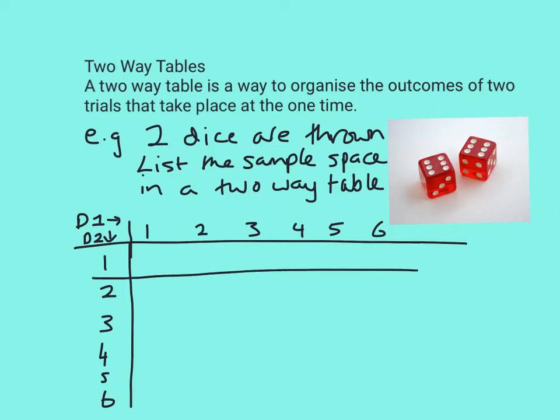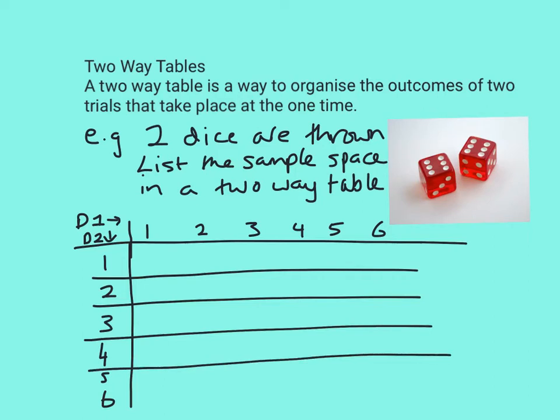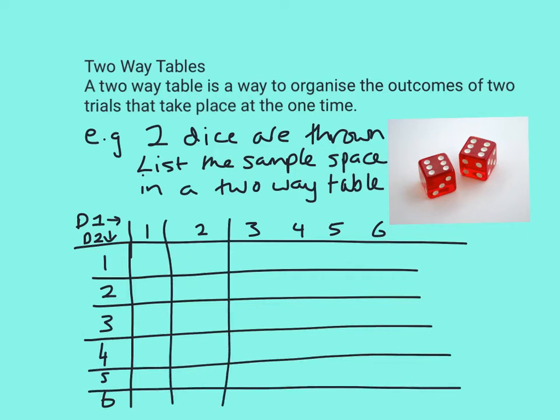And it's a good idea to put this into a kind of grid format so that you can separate the outcomes. I'm actually just going to change that a little bit around.